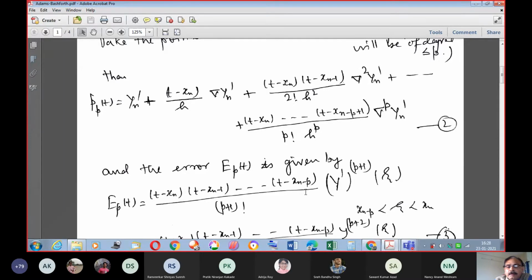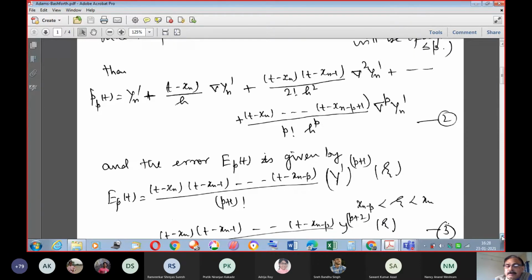Here the h part is not there, and then y prime to the power p plus 1 at xi is there: the p plus 1 derivative of y prime at the point xi, where xi is a point lying between x_n minus p and x_n. So all these things you have to revise.